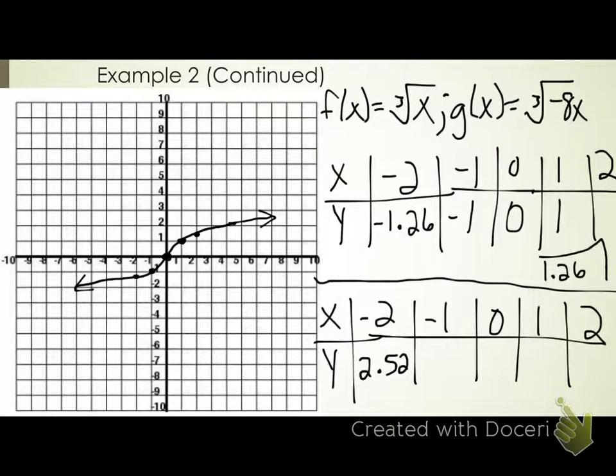What's negative 8 times negative 1? 8. What's the cube root of 8? 2. What do I get when I plug 0 in? 0. Negative 8 times 1? Negative 8. Cube root of negative 8? Negative 2. And when I plug 2 in, I get negative 2.52.